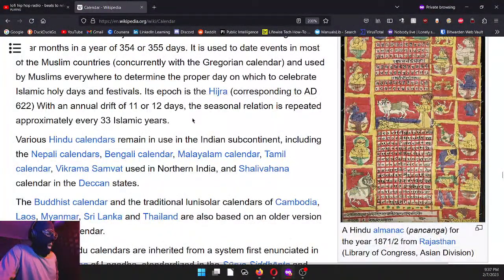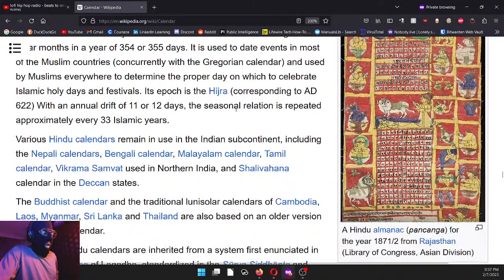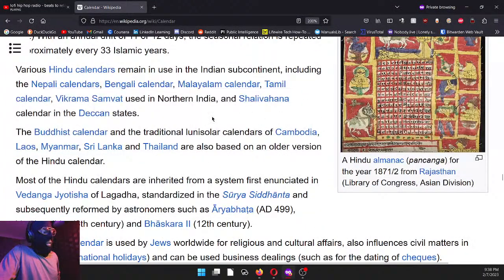Various Hindu calendars remain in use in the Indian subcontinent, including the Nepali calendars, Bengali calendars, Malayalam calendars, Tamil calendars, Vikram Samvat, used in northern India, and the Shalivahana calendar in the Deccan states.